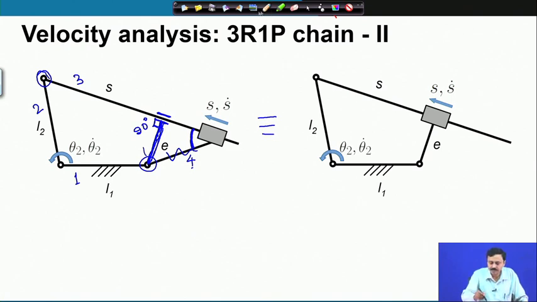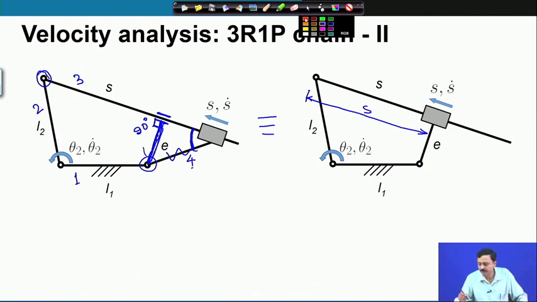Here the distance S is the throw of the actuator. We will consider this to be the throw of the actuator. So, one more important point here, S is this length and S dot is the velocity of a point belonging to link 3.